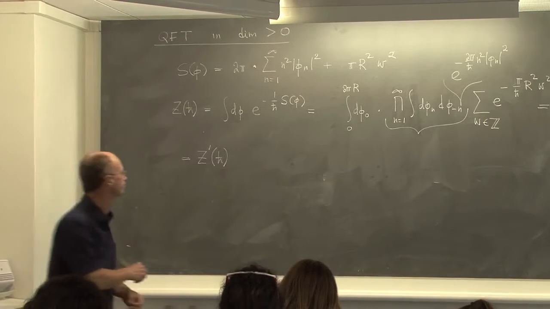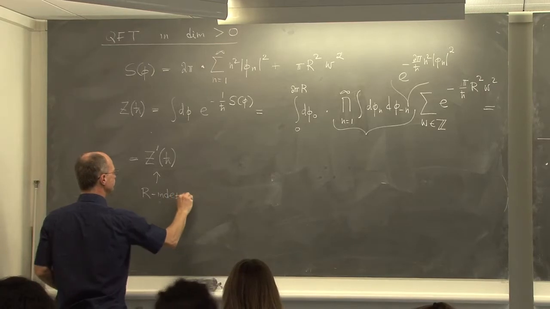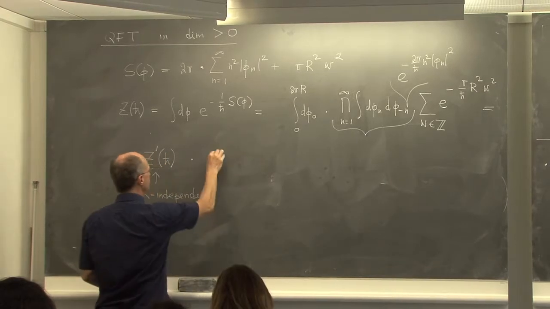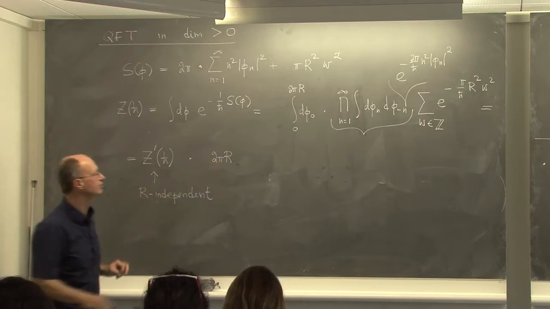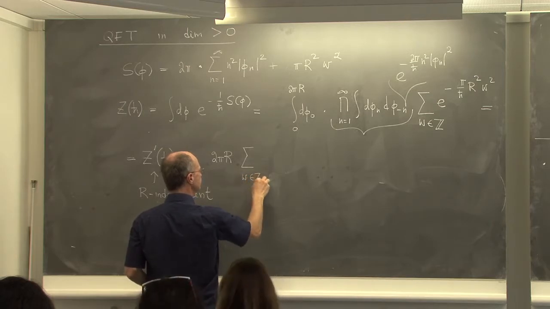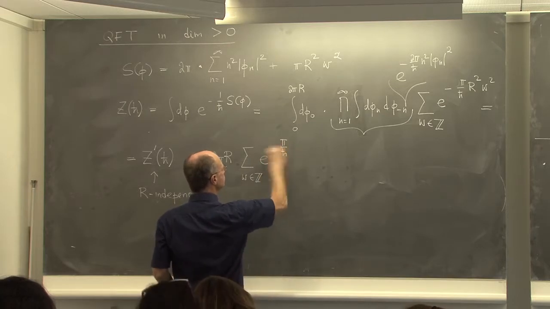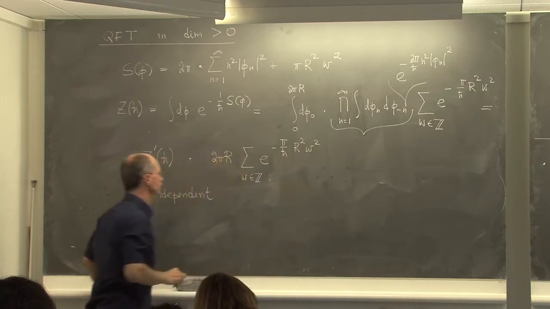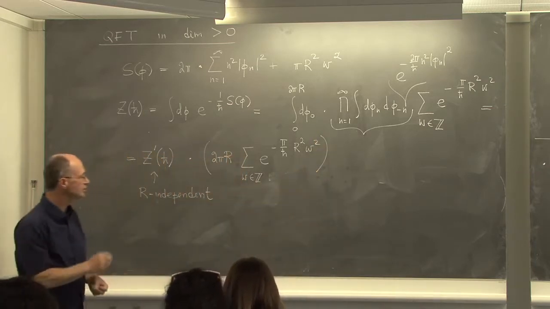So this is r independent. Now what happens with the r dependent parts? Well, we have 2 pi r, solving our infrared problem, times the sum over w in z of exponential minus pi over h r squared w squared. Right. So that's the r dependent part. So this looks very nice.